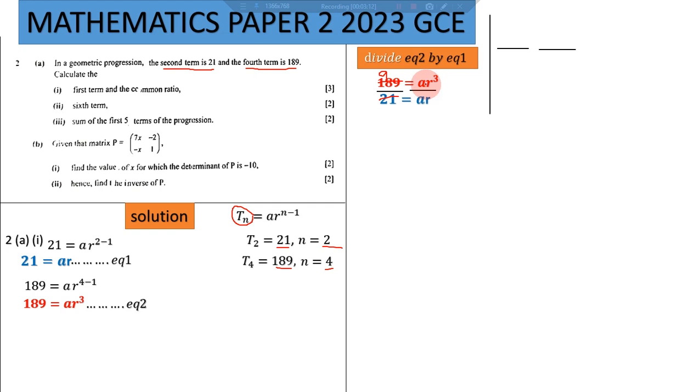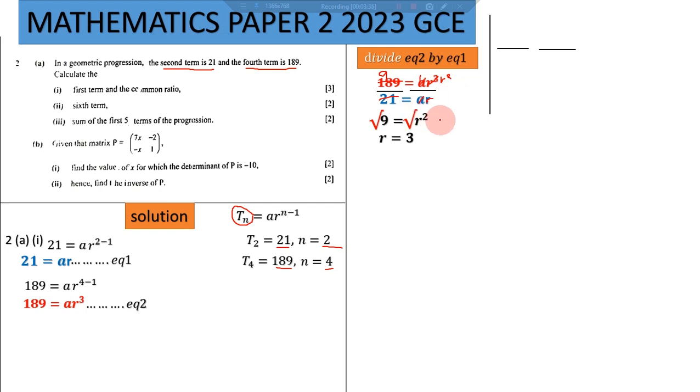Then A dividing into A gives us 1, and r dividing into r to the power 3 just gives us r to the power 2. So the final will be 9 equals r to the power 2. Here we introduce the square root on both sides, so the final answer will be r equals 3.